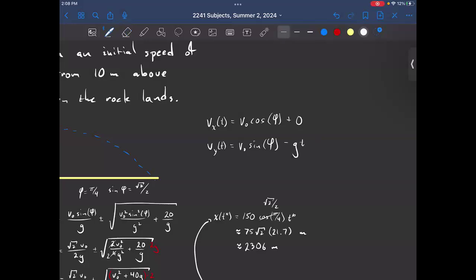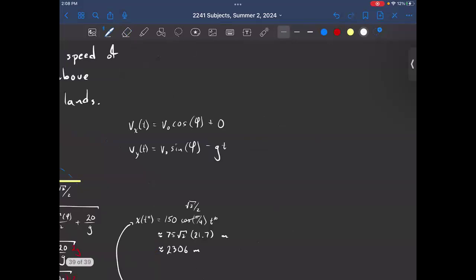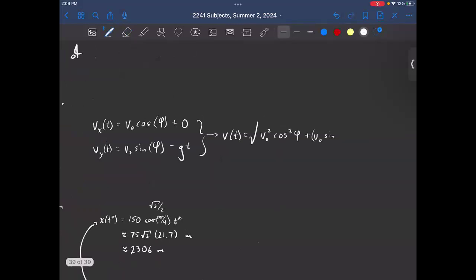Okay, now we need our speed function. That's going to be the square root of the square of these two things. It's the norm of the vector. So we have square root of v0 squared cosine squared plus v0 sine phi minus gt squared. Note you have to square the whole component there, not just each one.